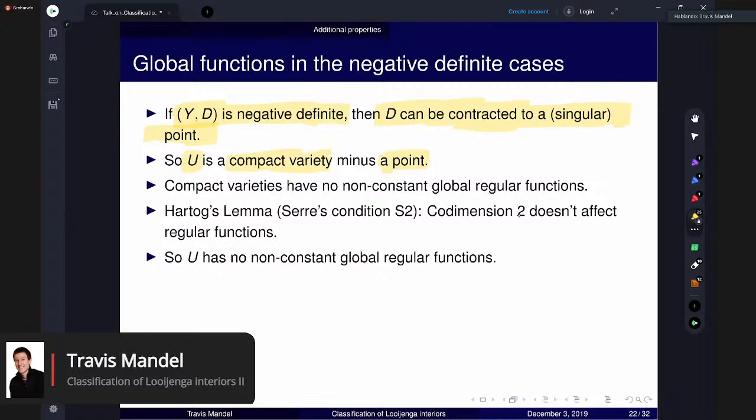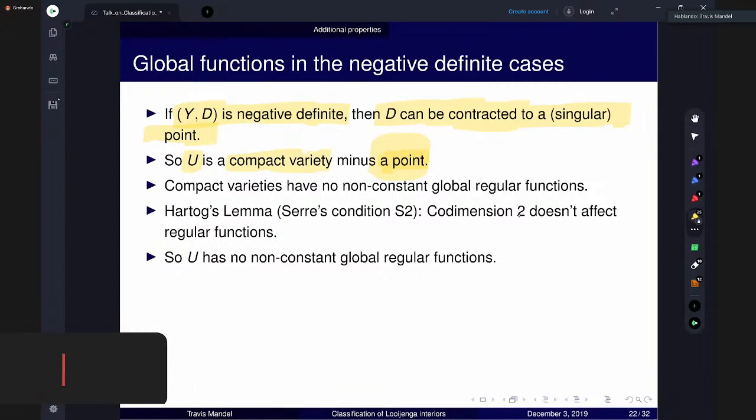And so then you can apply Hartogs' theorem or Serre's S2 condition and say, throwing out a point doesn't mess with your functions at all. It doesn't affect global functions. So we can pretend that we didn't throw away this point, and we can pretend that U is just a compact variety, at least for the purpose of understanding its global functions.